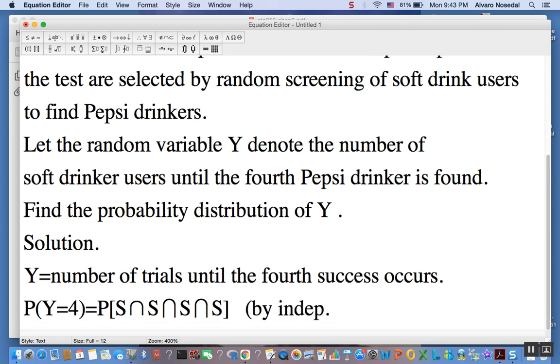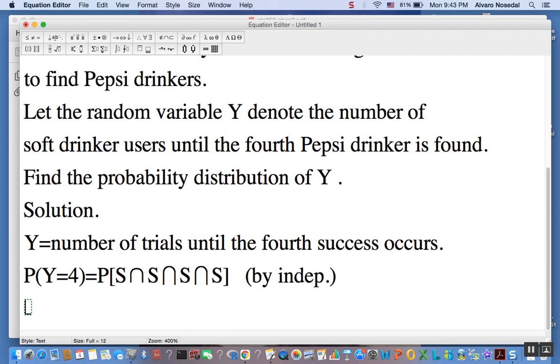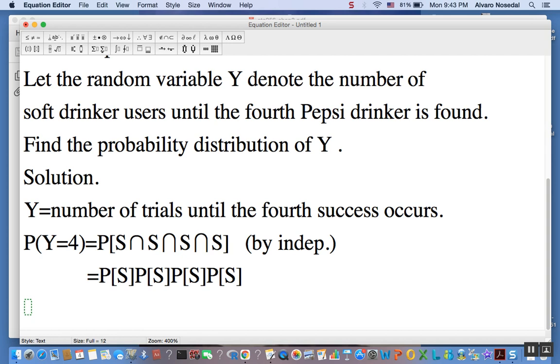So by independence, the probability of an intersection becomes just the probability of S times probability of S times probability of S times probability of S. So what we end up with is the probability of S to the 4 power, right?